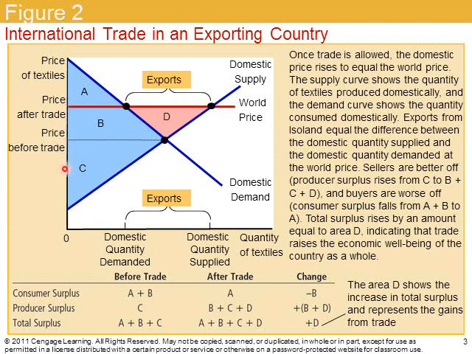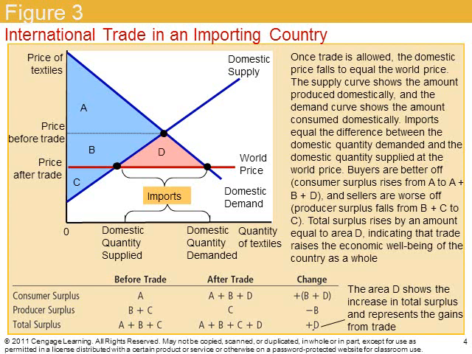So all this CBD triangle is the surplus for the exporting country, for the producers. As a whole, the nation benefits, because you have this extra D triangle, a surplus that before was not considered. So it's good for the entire nation.